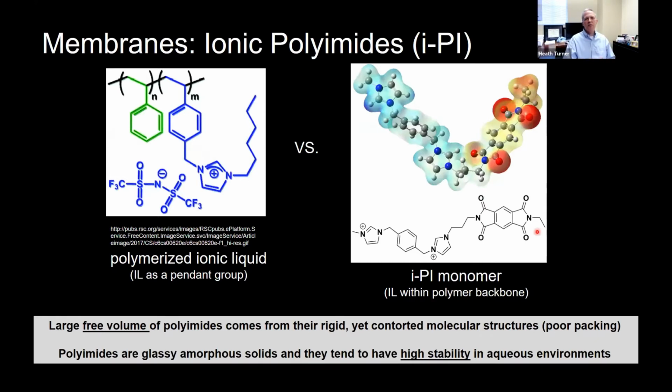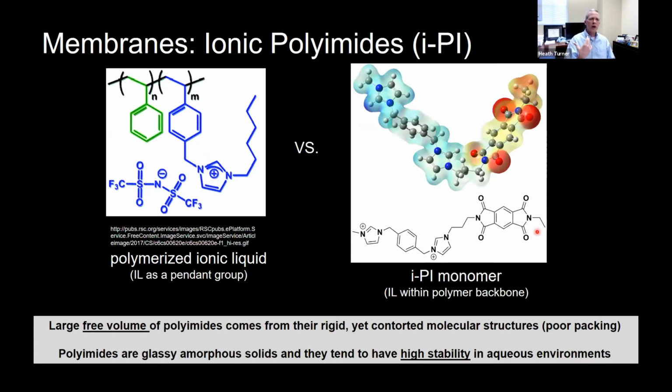Recently we've been looking at ionic polyimides and other types of polymers. We've also been looking at ionic liquid and ionic polyimide composites to try to tune the behavior. These membranes and polymers have very high free volumes compared to a lot of other polymers, and that's a big advantage in gas separation applications.